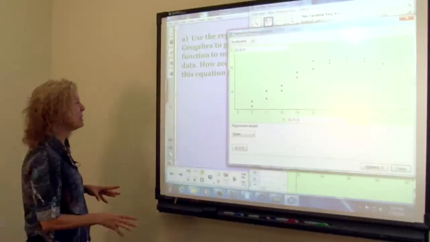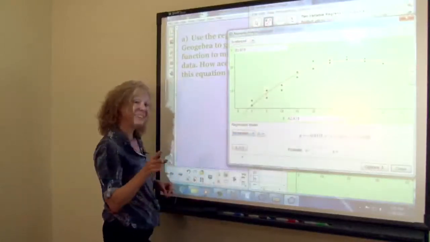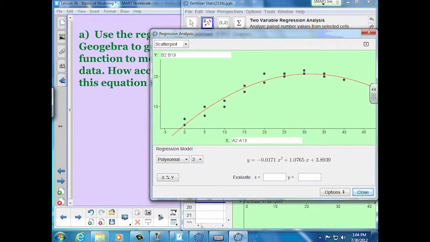Now I'm going to do a little bit of playing around here because we're going to do polynomial, but this is very interesting. It allows me to pick what degree I want. Because I'm specifically saying quadratic, because that's what we study in this course a lot, we could try a cubic. Now this is only a part of the cubic curve.